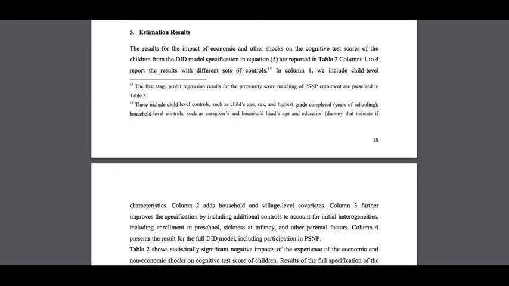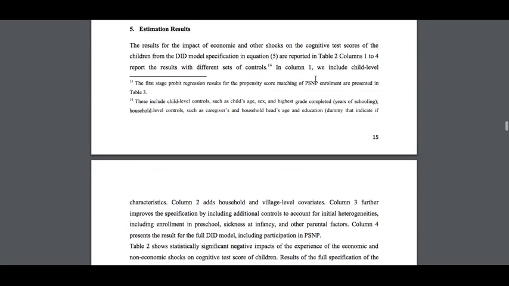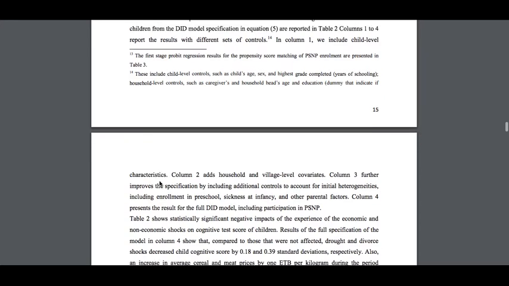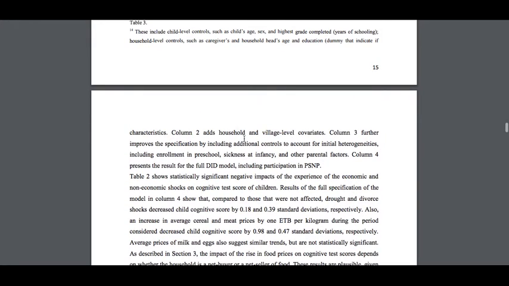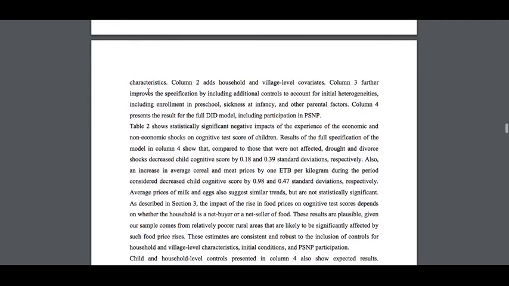Report the results with different sets of controls. In column 1, we include children level characteristics. Column 2 adds household and village level covariates. Column 3 further improves the specification by including ... So this is, column 4 does this. These are just stating facts, right? Fact after fact after fact.